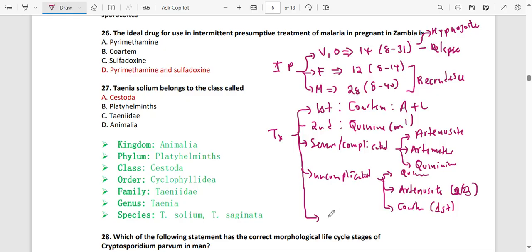preventive treatment. I can put it as IPT. Intermittent preventive treatment. For this one, what you use is a combination with these folic acid antagonists like the sulfadoxine and pyrimethamine. We know the folic acid antagonist is supposed to be trimethoprim and sulfamethoxazole.